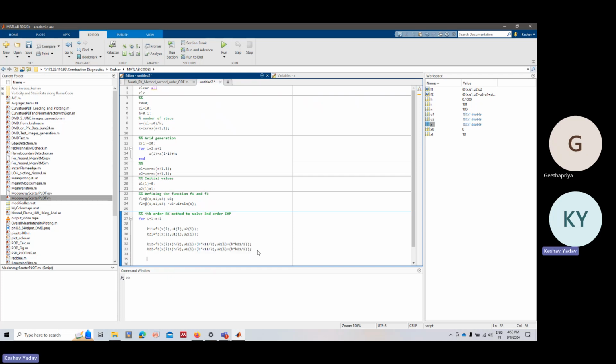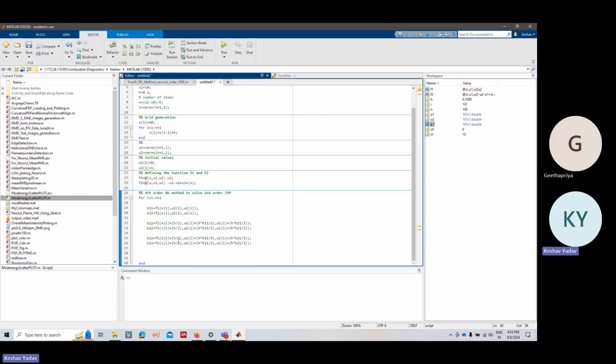Now I want to find K13 and K23. This will be the same, but here it will be from first equation, second value, and from second equation, second value. Here also from second equation.